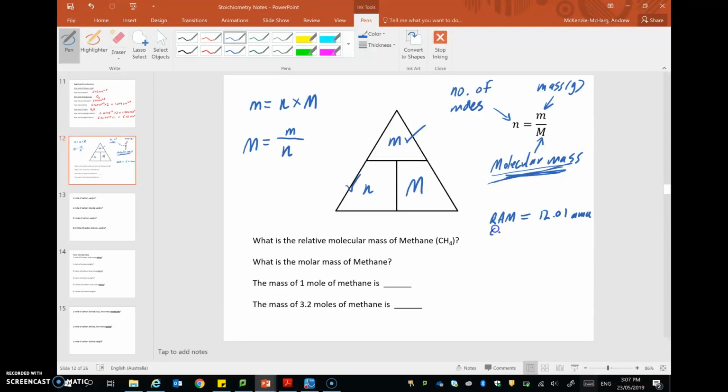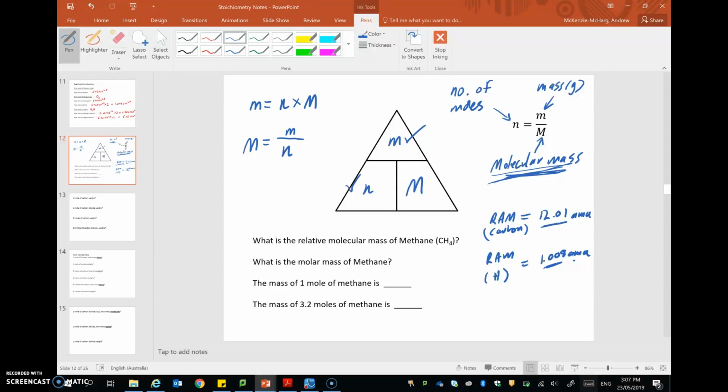So that's for carbon. Now, the relative atomic mass for, say, hydrogen is about 1.008 atomic mass units. Okay, so if we look to the periodic table, that's where we find those numbers, say, in a test type situation.